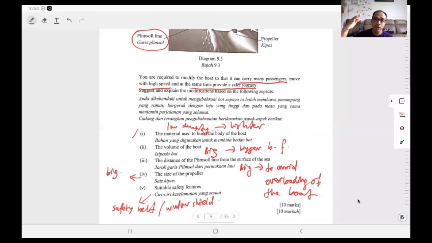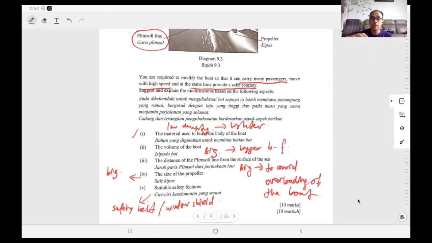So if you want to go faster, maybe you need a window shield, just to protect your face, or to make sure that when you're driving the boat, you don't suddenly get splashed by the water. So that's basically the safety features, but any suitable safety features are also possible, except for a helmet. I don't think I've seen anybody drive a speedboat wearing a helmet. So try to avoid using a helmet.